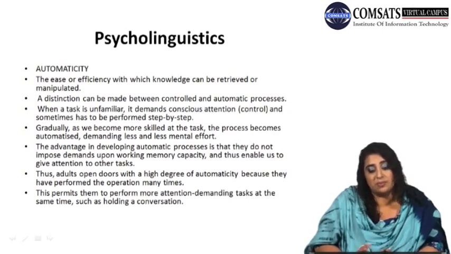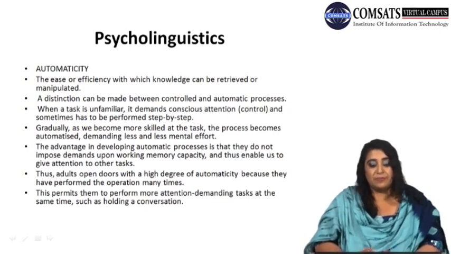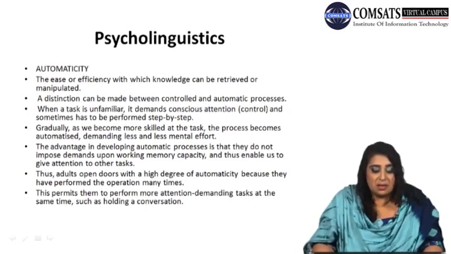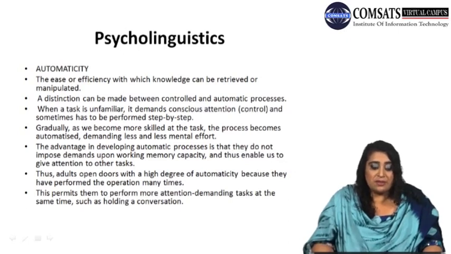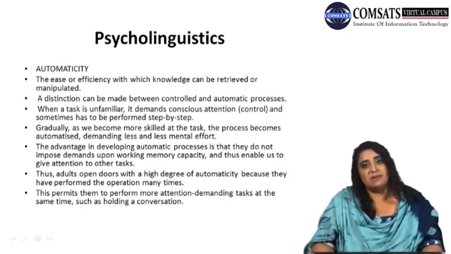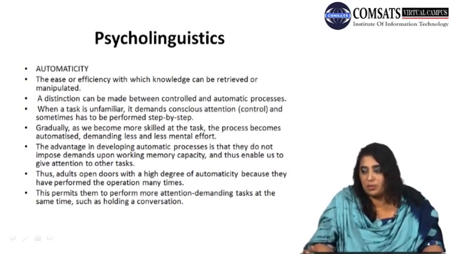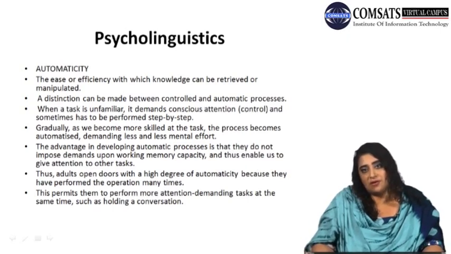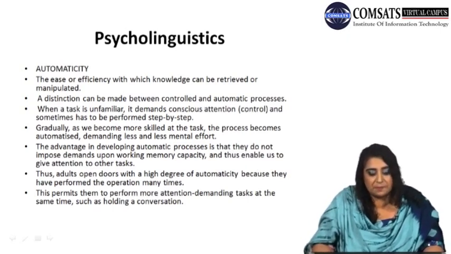So because of that, it also gives us the ability to give attention to other tasks. Thus adults open doors with a high degree of automaticity because they have performed the operation many times. So for adults, it's easier because we have done it over and over again that it's easier for us to automatically refer to something.